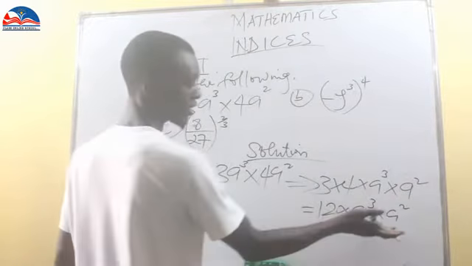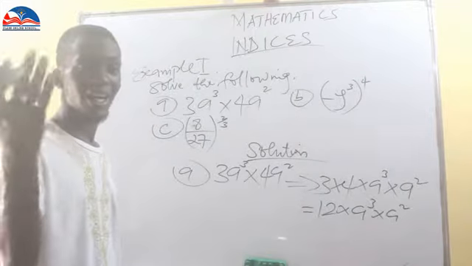Here the two bases are equal, so you take one of the bases and add the indices.